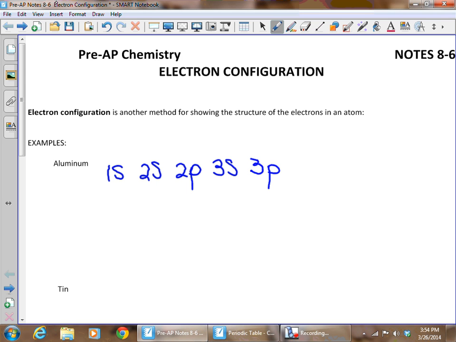Remember, if it's an s, it can have a total of 2 because it's got one orbital. A p can have a total of 6 because there's 3 orbitals in a p sublevel. A d can have a total of 10 electrons because it has 5 orbitals, and an f can have a total of 14 electrons because it has 7 orbitals.